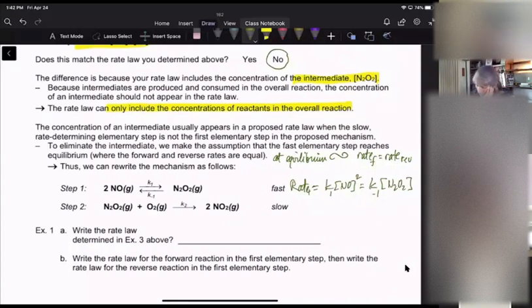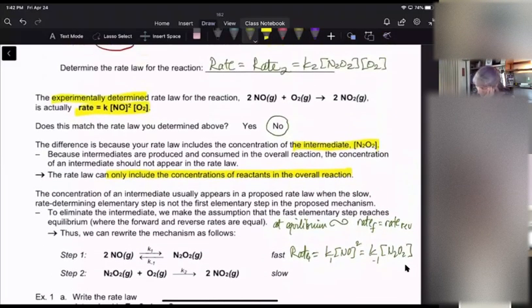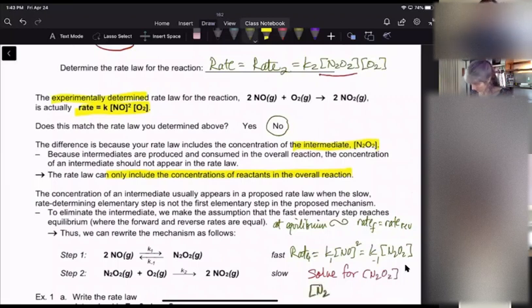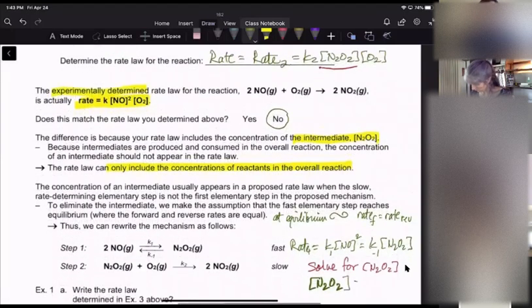So what I want to do is find a way to get rid of the intermediate in here. So I'm going to solve this for that concentration and plug it in. So I have K1 times NO squared over K minus 1.